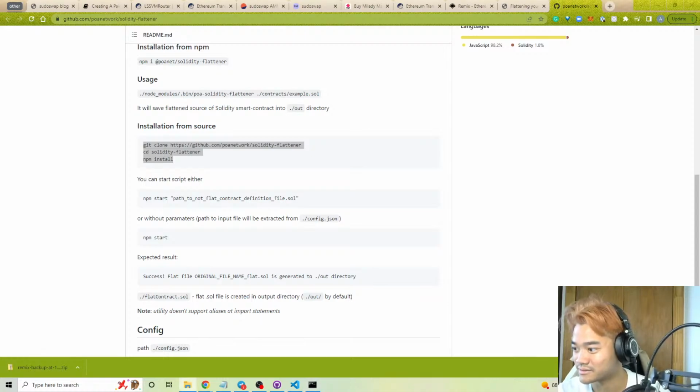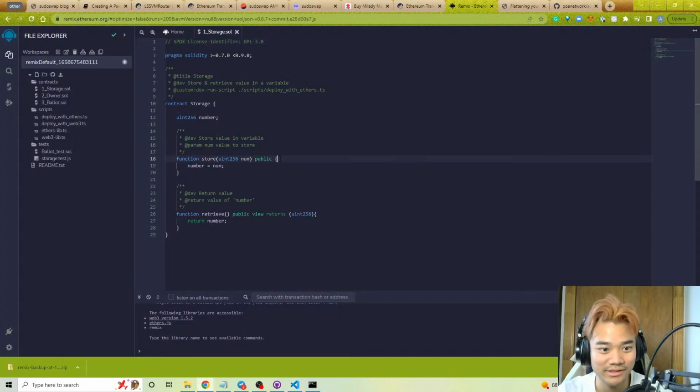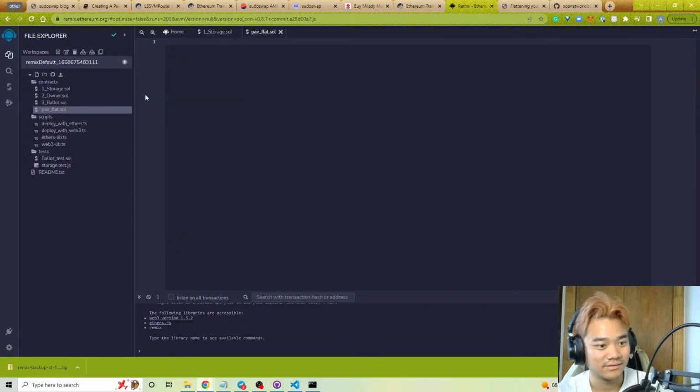Generated to out directory. Aha! All right. We have a flat file, which I can now put into remix. Pair flat.sol.